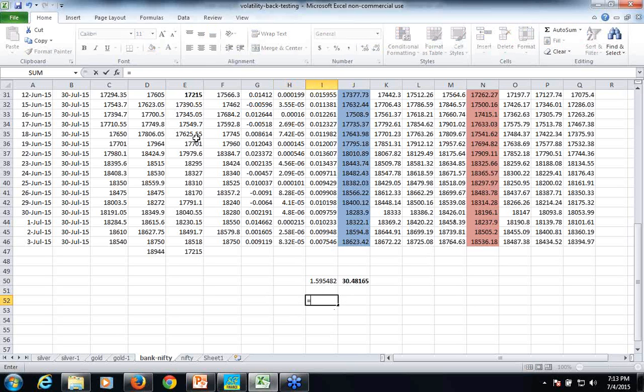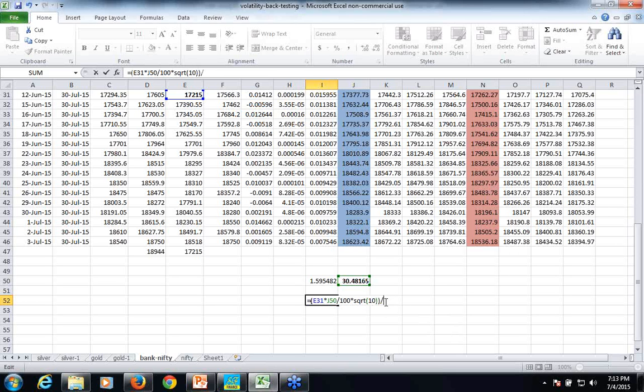So what I am doing here is taking the price, multiplied by the volatility, which is in multiplication of 100, so I have divided by 100. Then multiplied by the square root of 10 days. You can take 5 days also. Then divide the entire result by the square root of 365.